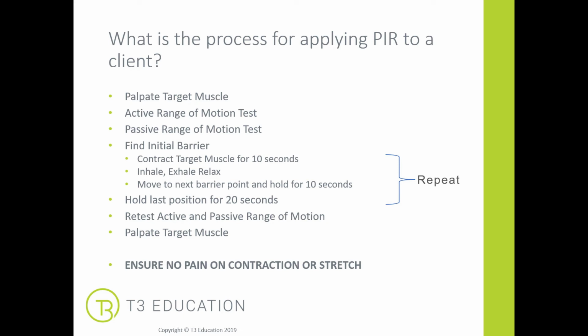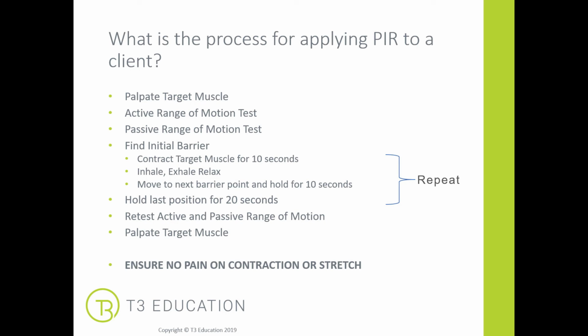Because if they have already large ranges of motion or abnormal ranges of motion, then MET may not be the right technique for them. We then perform a passive range of motion test so that we can see what's happening when the client is relaxed. If we decide we're doing MET, we then find the initial barrier, so where we feel that drag or that initial contact or contraction in the muscle.